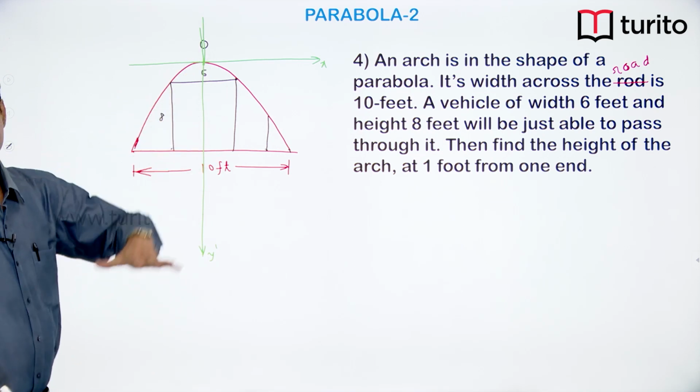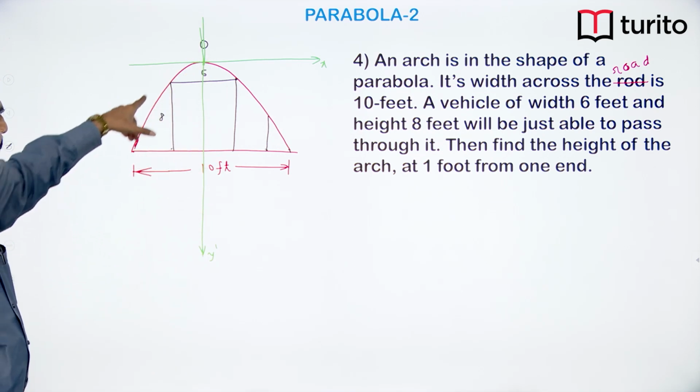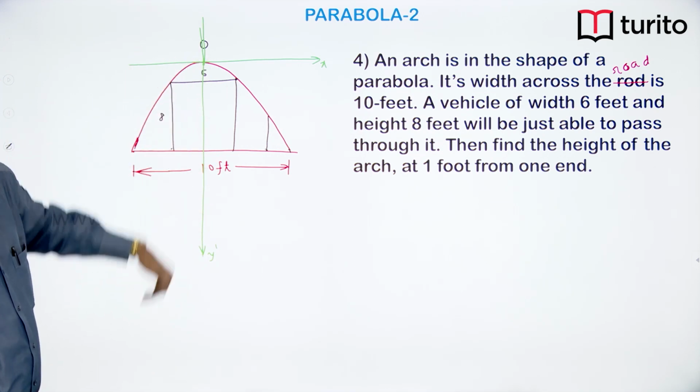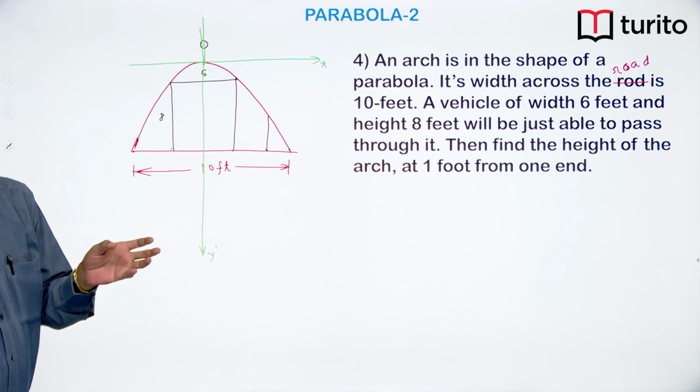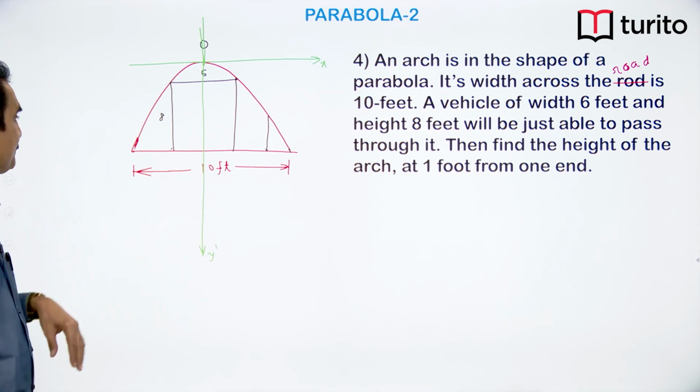What is the equation of the standard parabola having vertex at origin and concavity downwards? Just now we have discussed, it is x square is equal to -4ay.